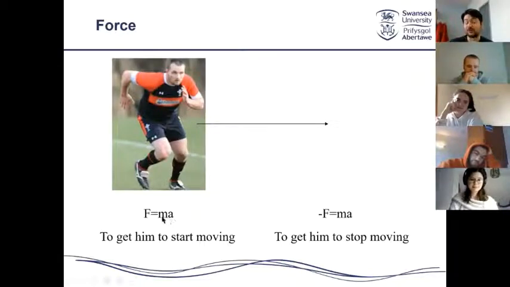Because it is proportional to mass, and in the nicest of possible ways, Ken Owens is quite a big man, we will require a fair bit of force to get him to start moving. By the same token, we also need a force to get him to stop moving once he has started. And again, because he does have a decent mass on him, this force is quite large. And so this is the concept of inertia.